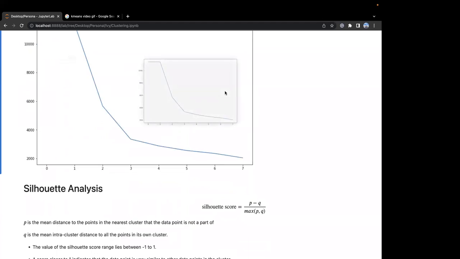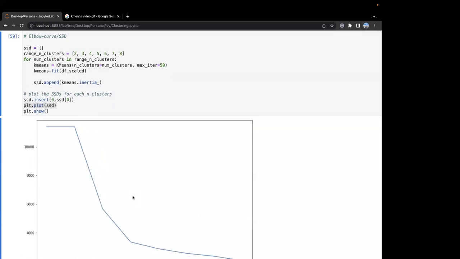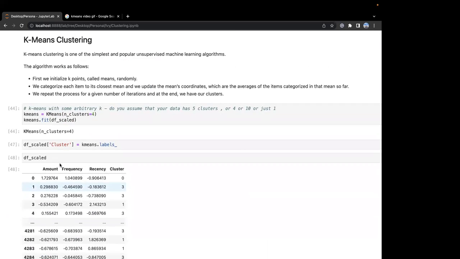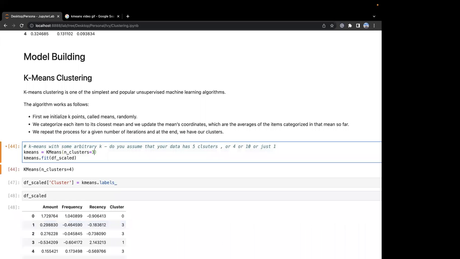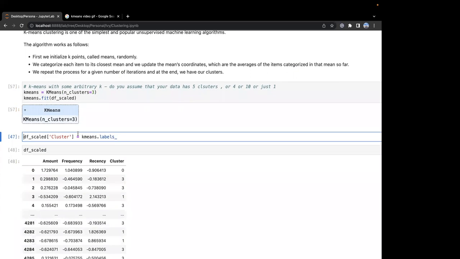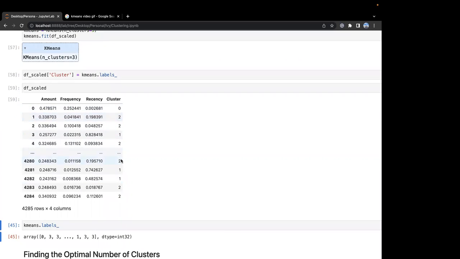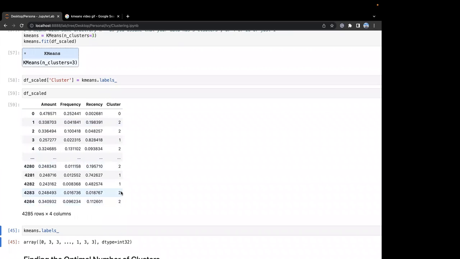Then you plot this elbow curve, and based on the elbow curve, you take a decision that 3 clusters is the appropriate number of clusters. Once you do that, you set number of clusters equal to 3. Then you fit your data and you get a cluster for each and every one of your points. Is that clear? All of you? Yes or no?